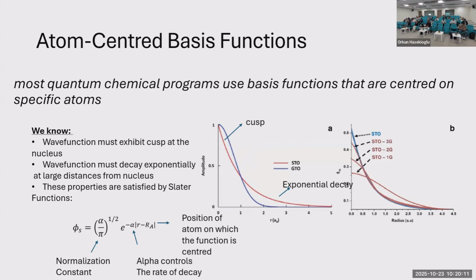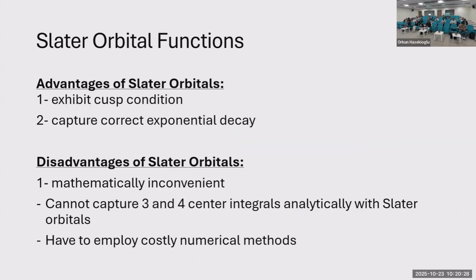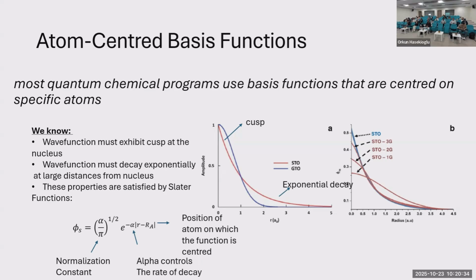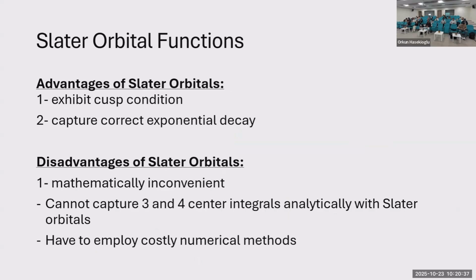These properties are satisfied by Slater functions, as you know. We have the normalization constant, and alpha controls the rate of decay and the position of the atom on which the function is centered. The advantages of Slater orbital functions are that they exhibit the cusp condition, so here you see the cusp.